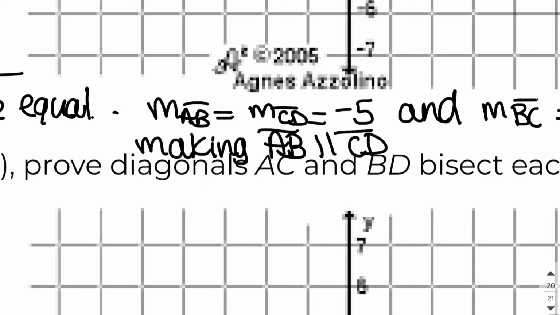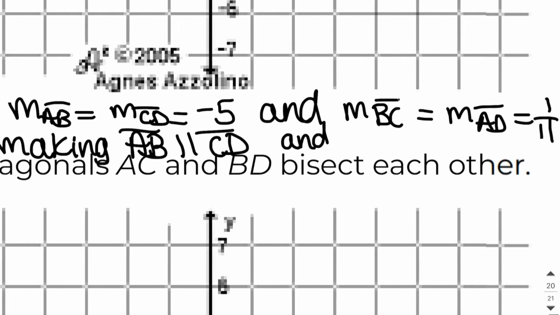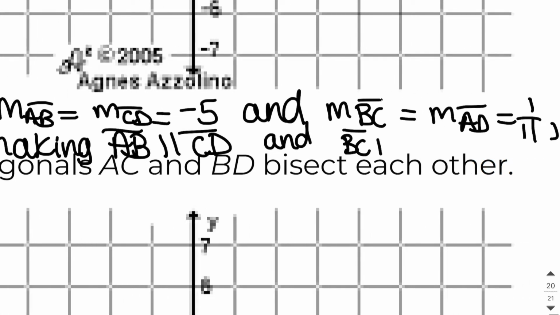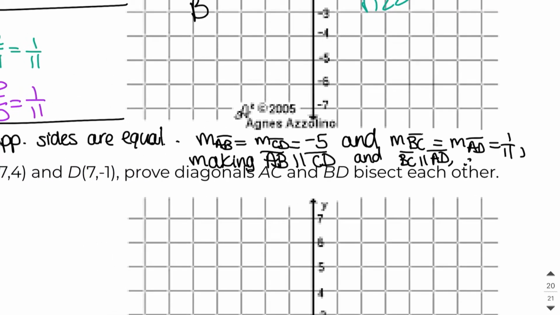I'll zoom in on this a little bit so you can see this. And BC is parallel to AD. Therefore, ABCD is a parallelogram. And that is my concluding statement. That's my classification. It is a parallelogram.